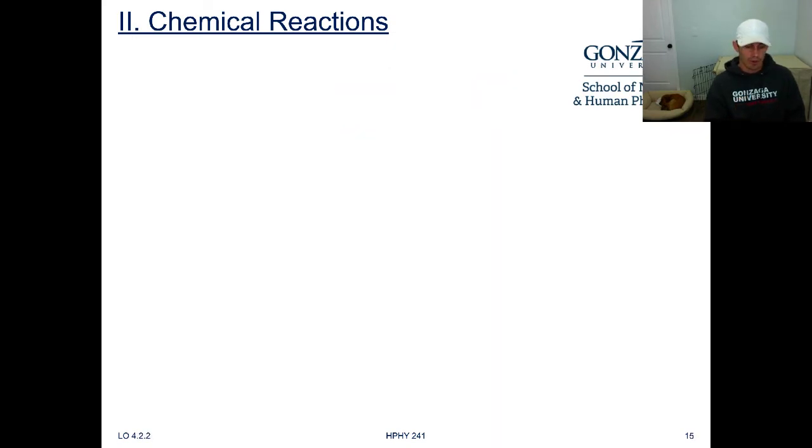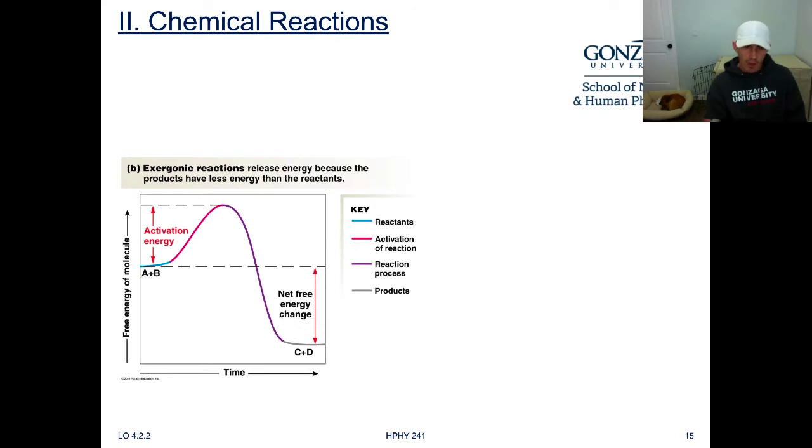Let's look at this in a diagram. So we've got on the left side here, first up, we've got an exergonic reaction. Okay, remember, exergonic they release energy. So we start out here, the reactants, A plus B, and we still have a hill because almost all chemical reactions require some form of energy to be inputted first.